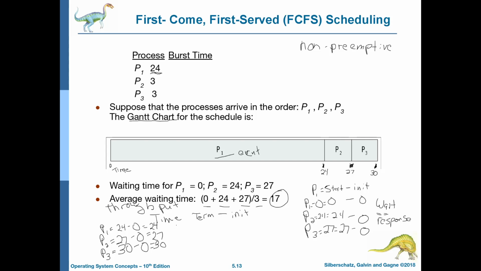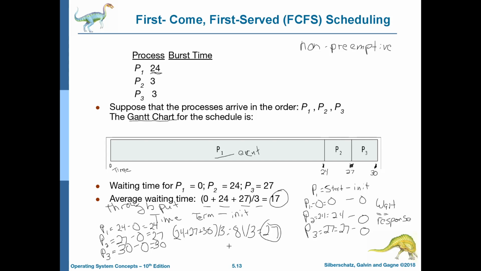Now, if we average those together, 24 plus 27 plus 30 divided by 3 is 81 divided by 3, or 27.